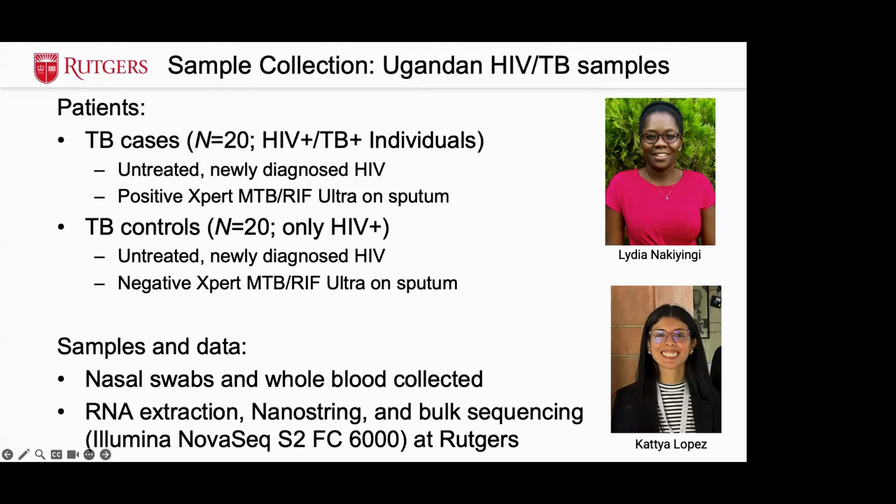So the goal is to look at individuals newly diagnosed with HIV, who also have TB or don't have TB. That's our population at this point.